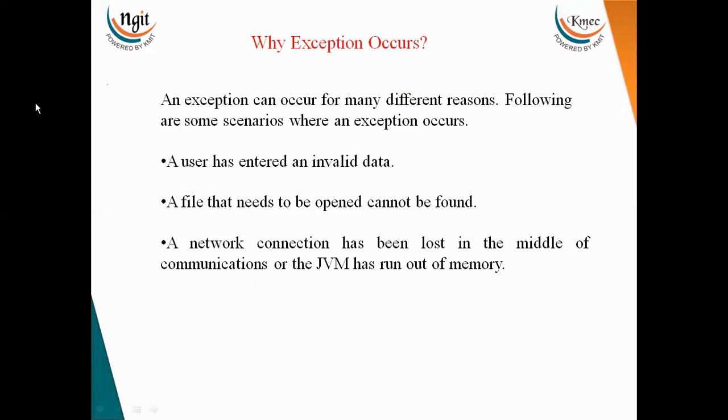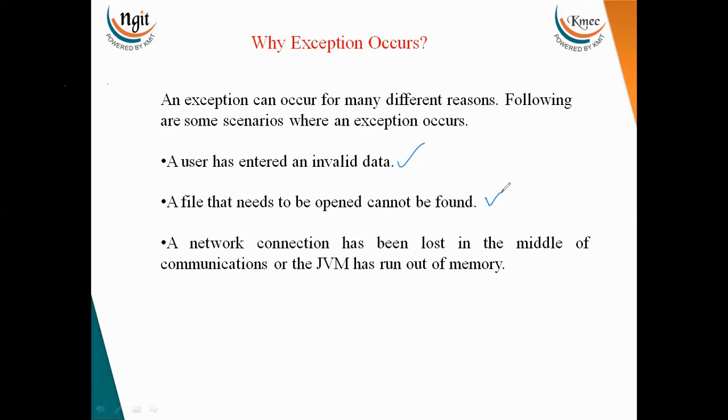Now, sir, when will these exceptions occur? There are different scenarios when exceptions can occur. When the user enters invalid data, there is a chance of an exception occurring. If the file you want to open is not available, it will raise a file not found exception. When you communicate with another resource over a network, there is a chance of raising an exception, for example a network failure.